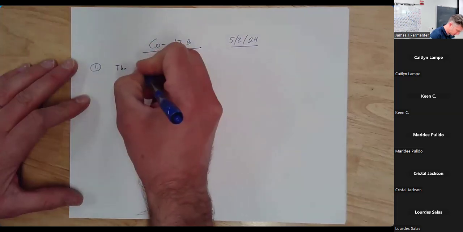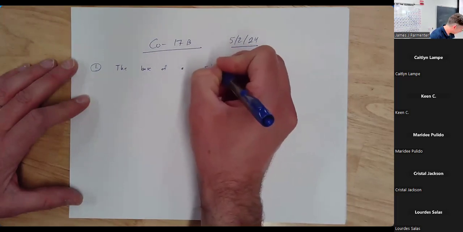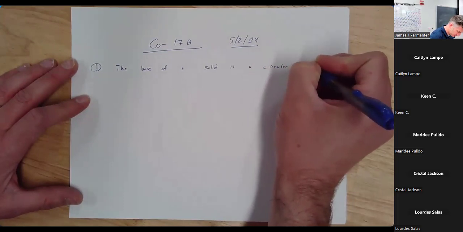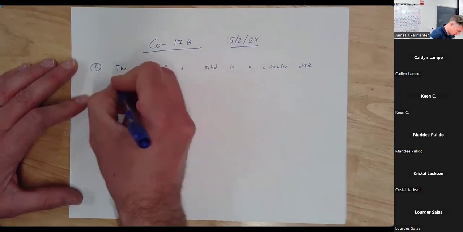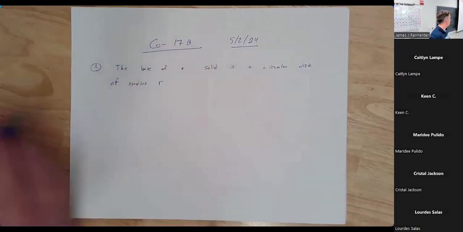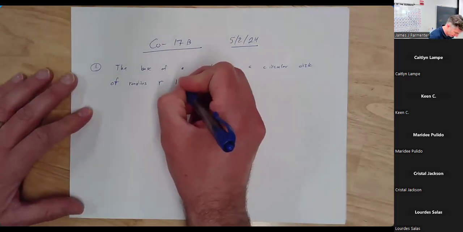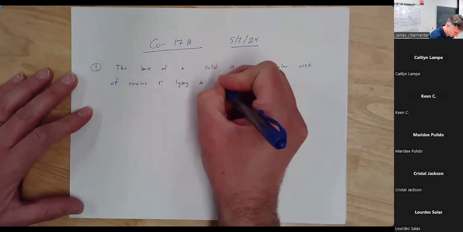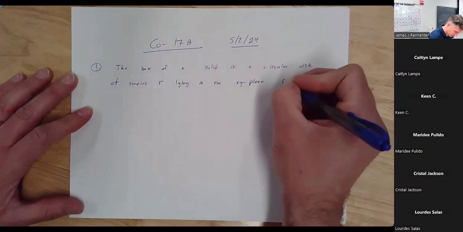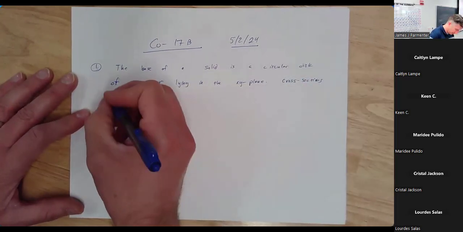The base of a solid is a circular disk of radius r. And I encourage you to save these words, and we're thinking about it as lying in the xy plane. Cross sections perpendicular to it.